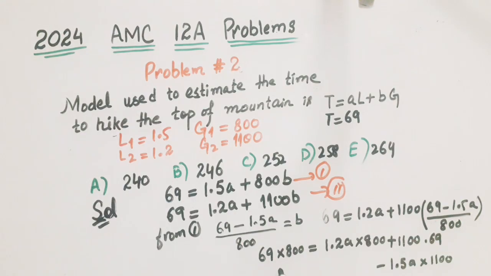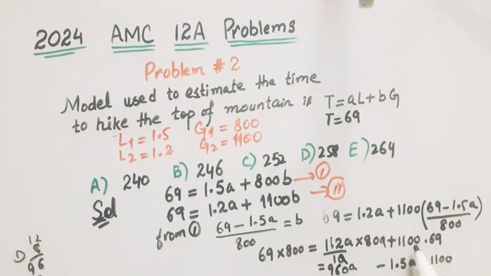When we remove the decimal, it will be 10, so the 0 is cancelled. So 12 times 8 is 96, and then this is 1.5 times 1100, so 1650A.